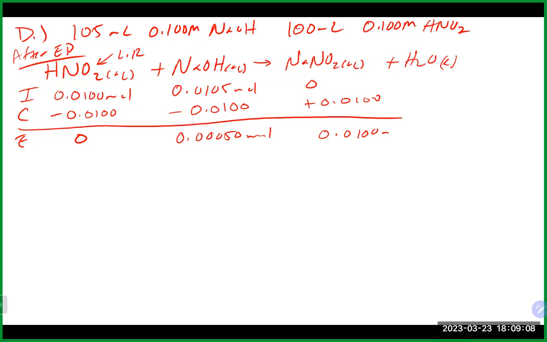0.01 moles, this guy. Our total volume at this point is, again, we started with 100 milliliters of the acid. In this case, we added 105 milliliters of the base. That's going to give us a total volume of 205 milliliters, which we could use to convert these back into molarity.